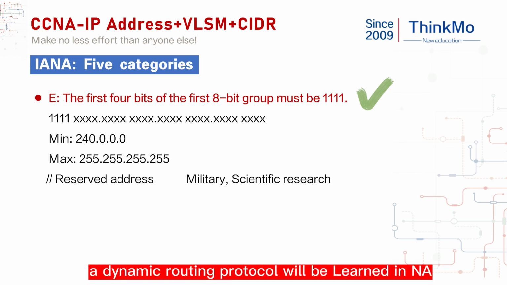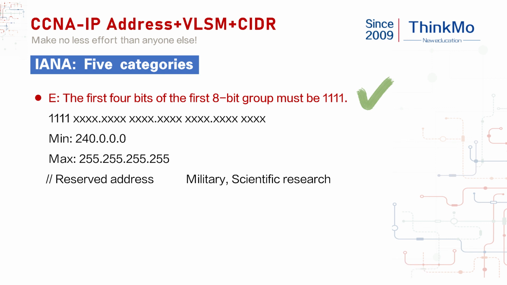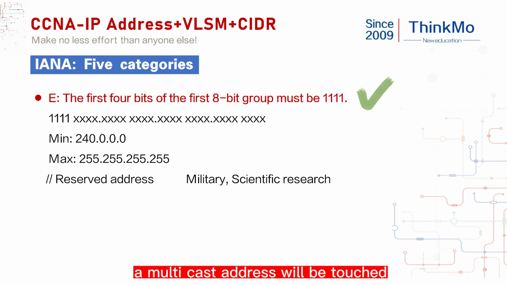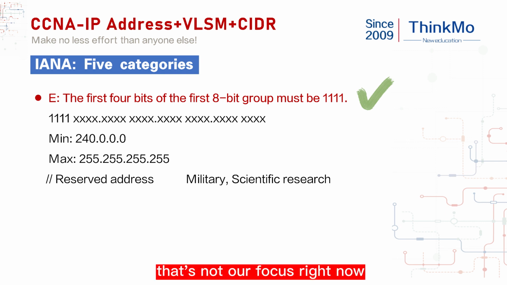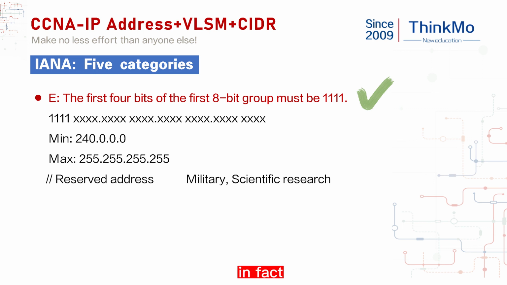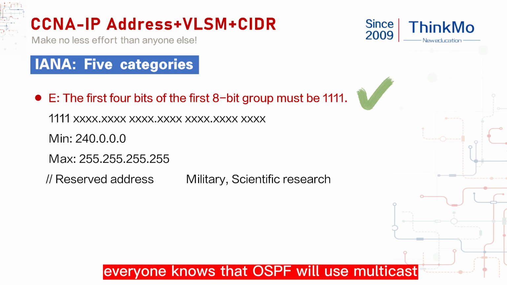A dynamic routing protocol called OSPF will be learned in NA. At this stage, a multicast address will be touched: 224.0.0.5 and 6. That's not our focus right now. In fact, everyone just needs to know that OSPF will use multicast.